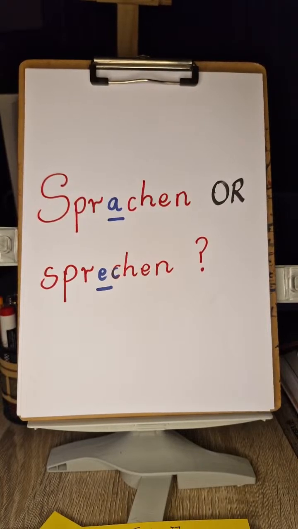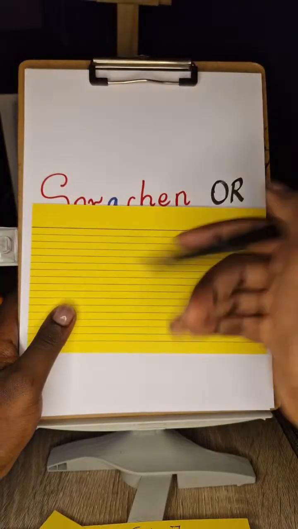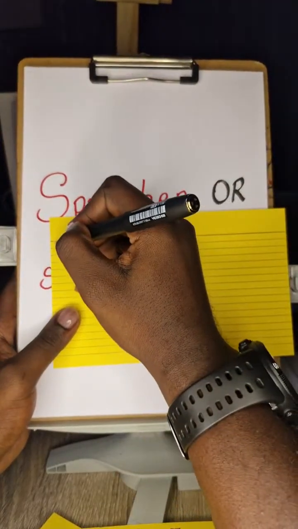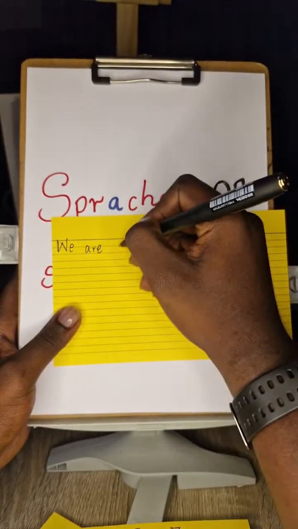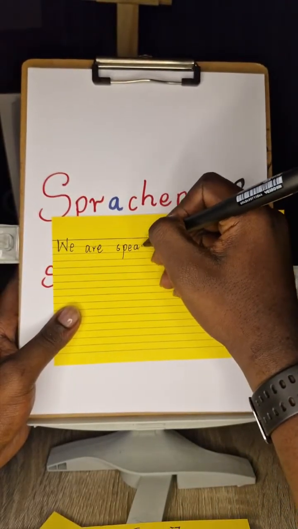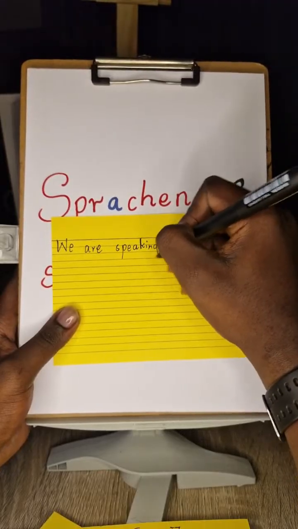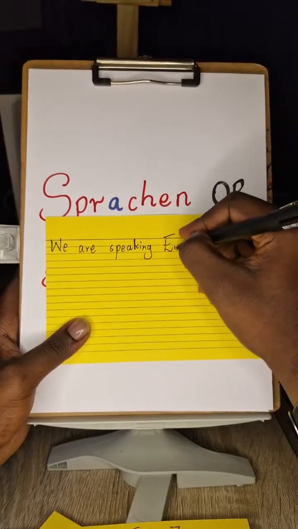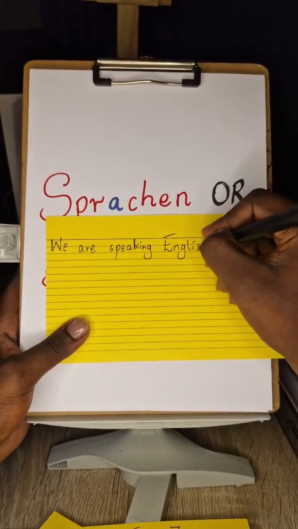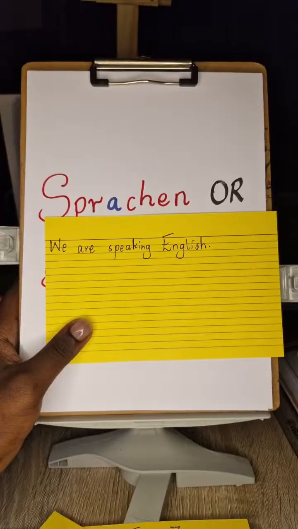So what I want us to do is, let's now see some few examples. There's this sentence I would like to give us to see how we would translate. Now, how would I say, we are speaking English. That is our first one.